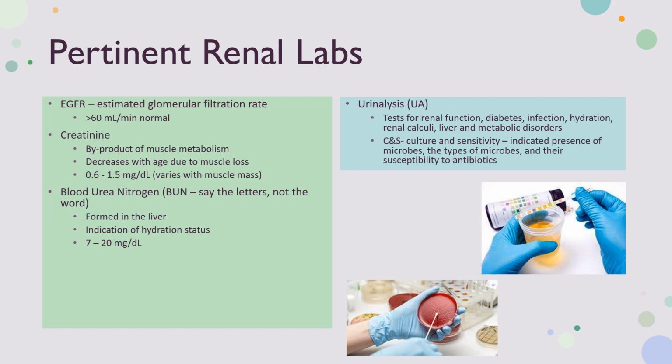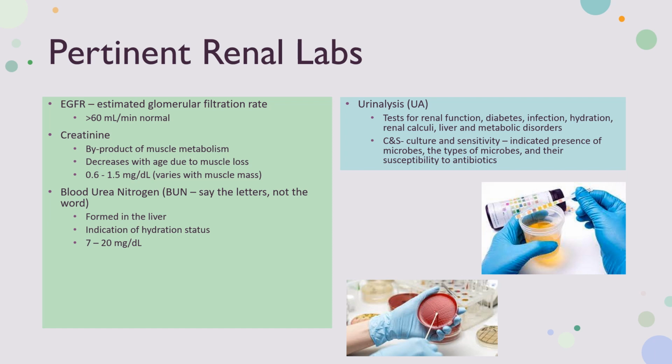Blood urea nitrogen, or BUN, is utilized for renal function, but it is also used to indicate hydration status. Urea is formed in the liver and then is excreted by the kidney and causes the yellow coloration of urine and gives urine its characteristic odor, especially when concentrated.